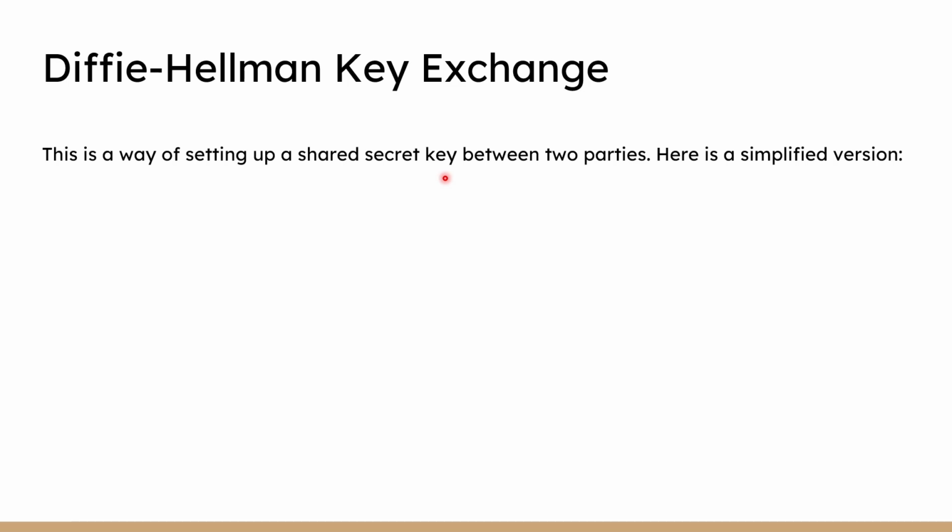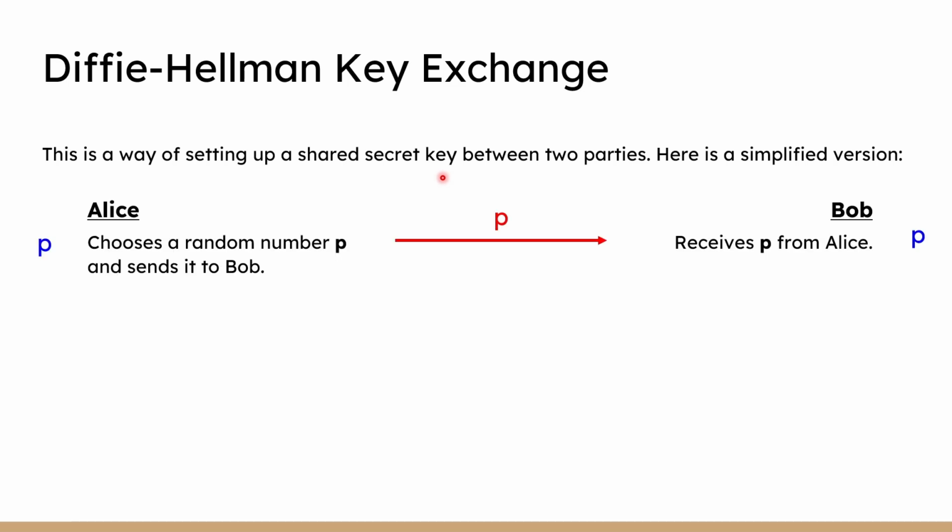But the idea is that if Alice and Bob want to establish a key, Alice can just choose a random number, P, and then send it to Bob. So anything in the middle here can be seen by attackers, and anything either side is just known by Alice and Bob. So it's secret.